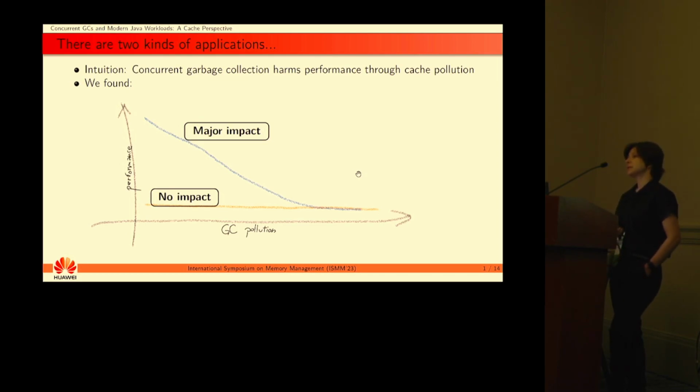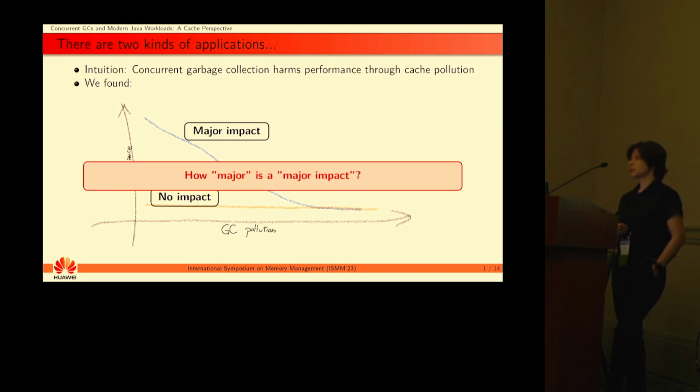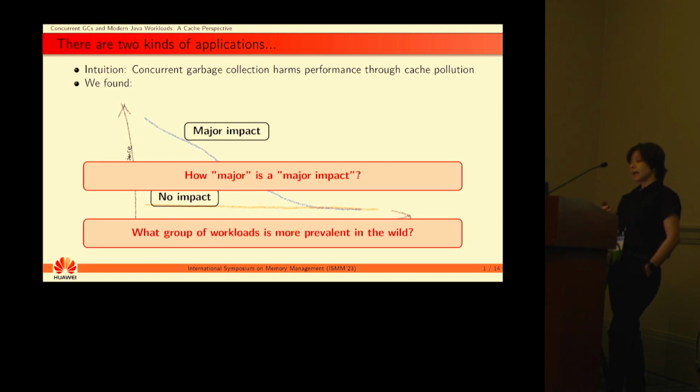So this talk and this paper want to answer the following questions. For the first group of applications, how big an impact is caused by a concurrent GC running alongside the application, and how can we split the applications between these two groups, or how many applications are there in each of the two groups, so to speak.